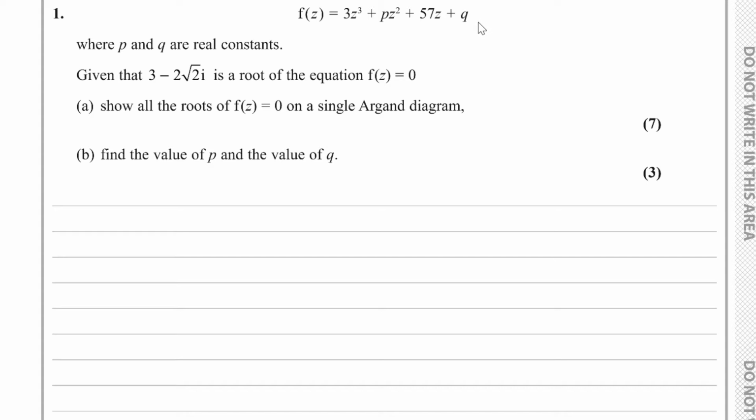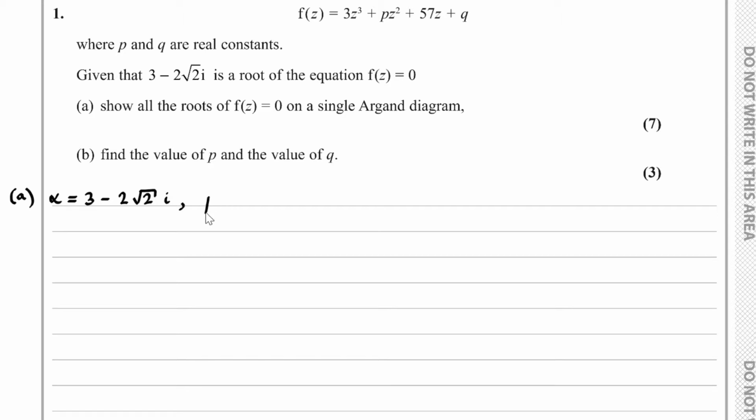Because we've got a cubic equation, we would have 3 roots: alpha, beta and gamma. For part A, we already know one of the roots, alpha. That's equal to 3 minus 2 root 2 i.